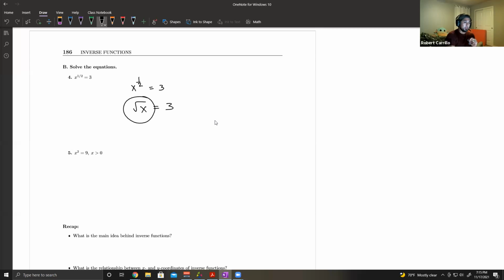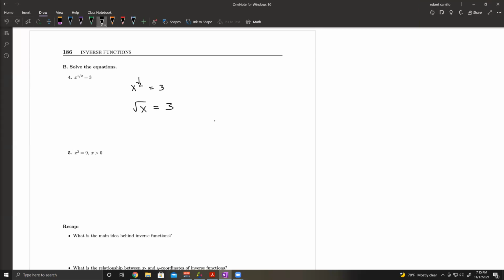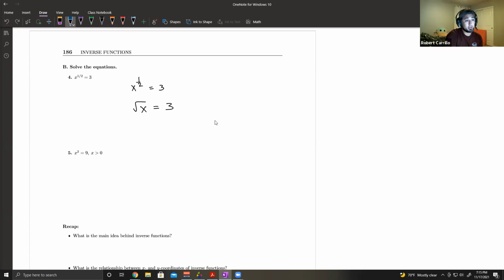What would I do to both sides? Square it, like to the second power? Good. So to get rid of that square root, you would square both sides. And the square root and the square would cancel and leave me with just x. And then 3 squared would be 9.